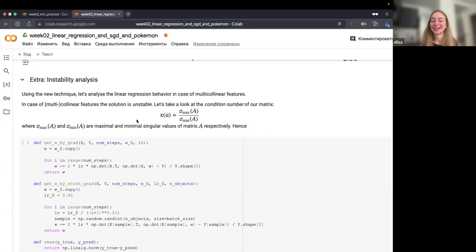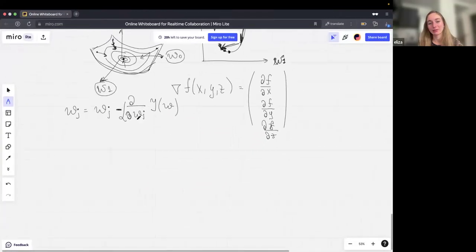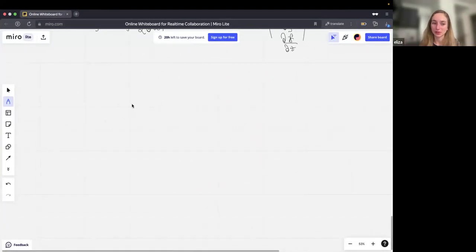Okay, let's discuss some information about it. Maybe you remember that any matrix we can decompose with the help of singular value decomposition.